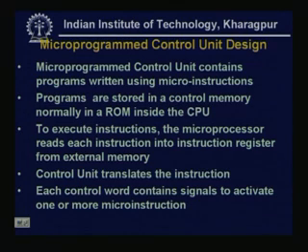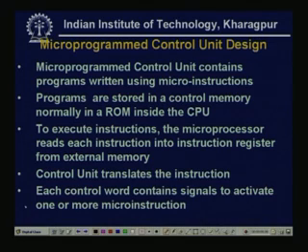Now, a microprogrammed control unit contains programs, and this program is nothing but a set of micro instructions. Programs are stored in a control memory, normally in a ROM inside the CPU. To execute instructions, the microprocessor first fetches each instruction into the instruction register from external memory.